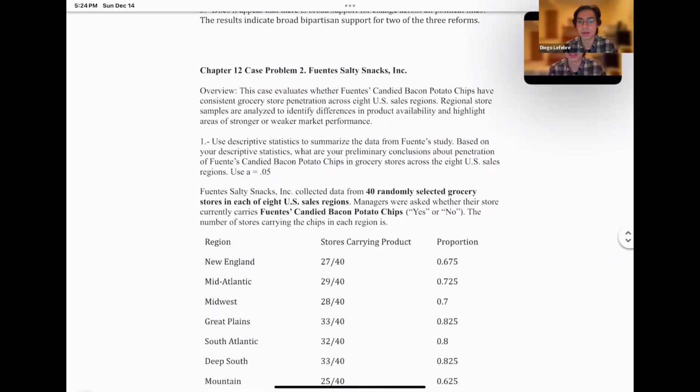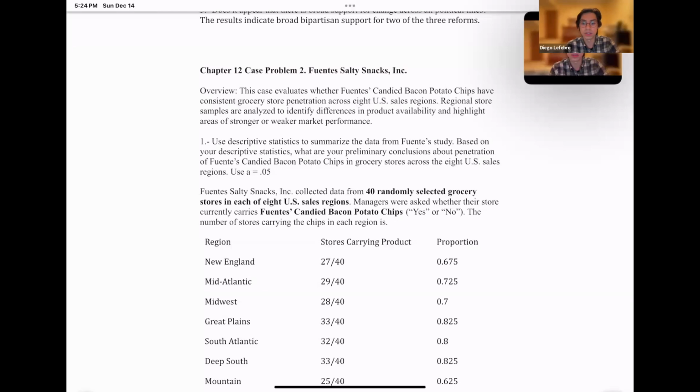Chapter 12, Case Problem 2, Fuentes Salty Snacks Inc. This case evaluates whether Fuentes candied bacon potato chips have consistent grocery store penetration. Initially, we wanted to see how many of the stores in different regions carry the product and what the distribution is.